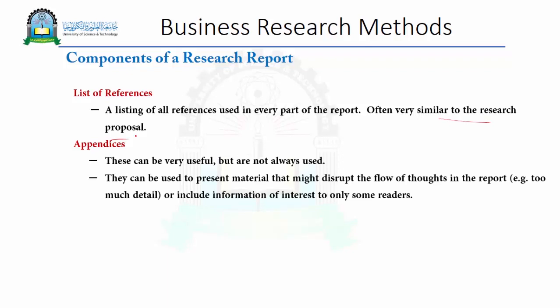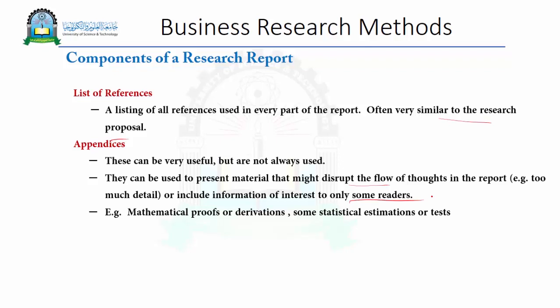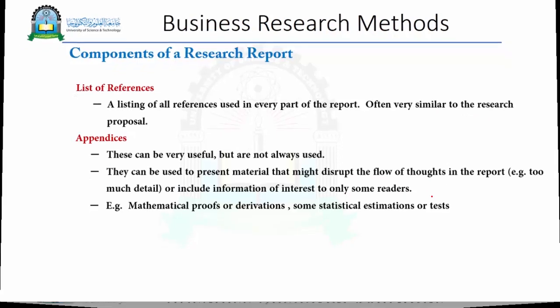It is also some information for some readers, not all the readers, so it can be used to present the materials that might disrupt the flow of thoughts in the report. It might be of interest only for some of the readers, like mathematical proofs, derivation, some statistical estimation or test or whatever.